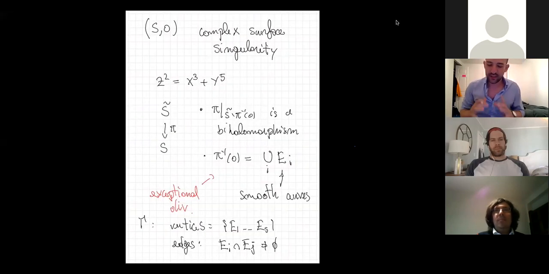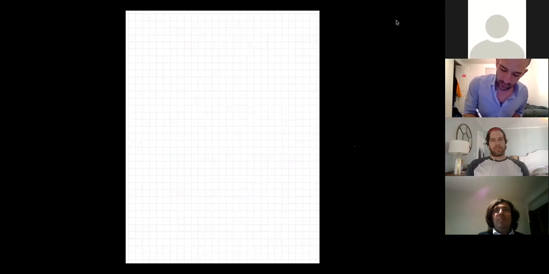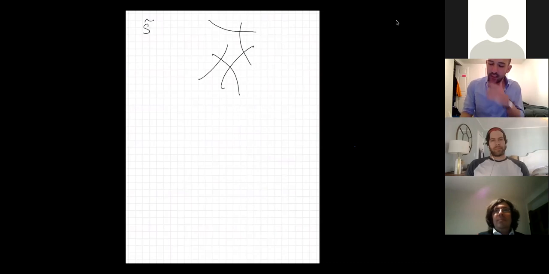Okay, so if you look at the resolution of the singularity, we are just interested in the germ of the surface about the singularity. So what is really interesting about S twiddle is a tubular neighborhood of the exceptional divisor. In S twiddle you see all these curves intersecting each other, and we are interested in a tubular neighborhood of this.